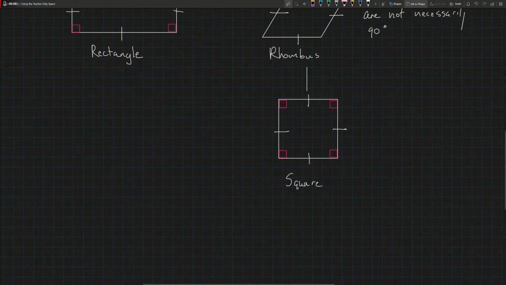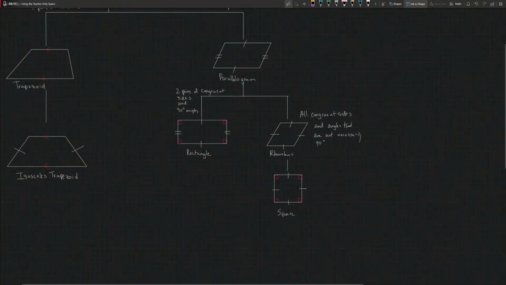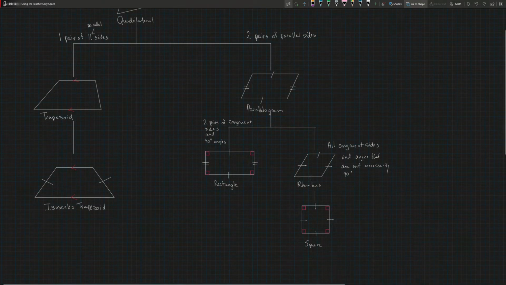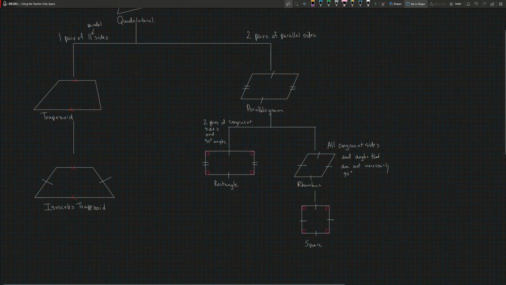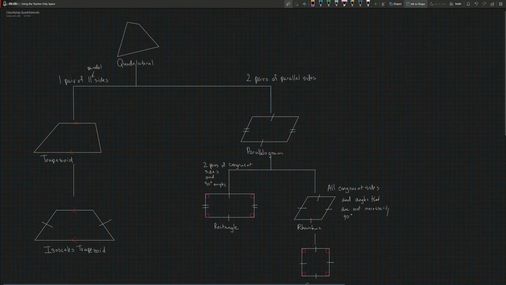Just to put this into perspective, now we have this big family tree here. A square is a type of rhombus, which in turn is a type of parallelogram, which in turn is a type of quadrilateral. So a square has all the properties of the family that goes above it on the same branch.